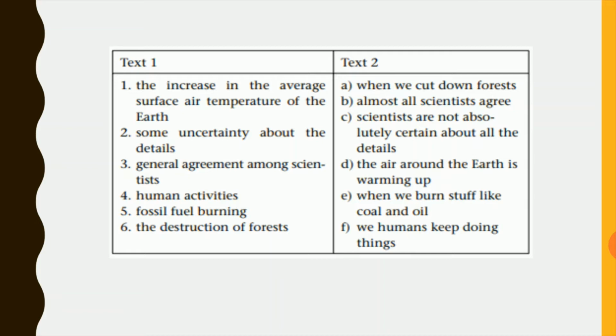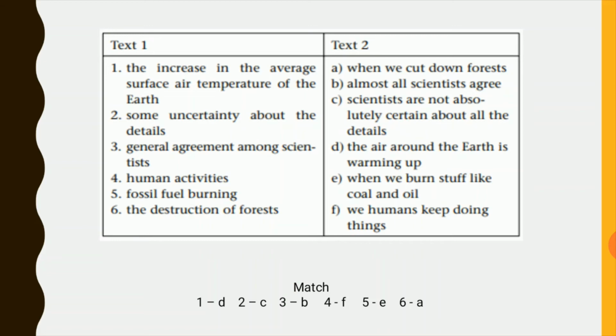In this worksheet, the student will match the numbers from the column text number one to the letters from text number two. This worksheet has extracts that are taken from text number one and text number two.